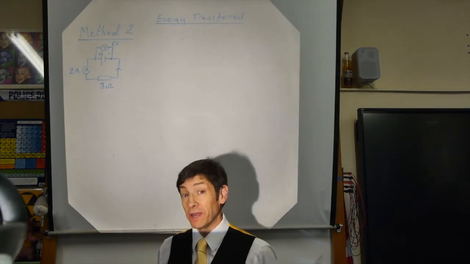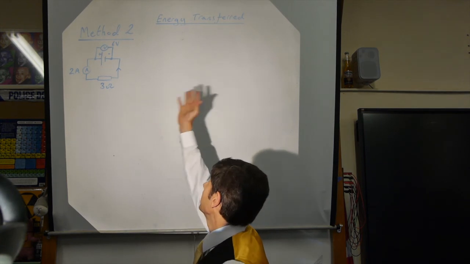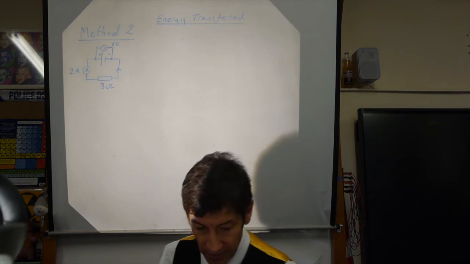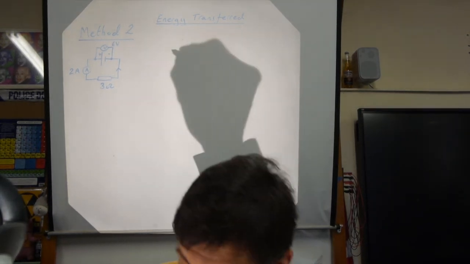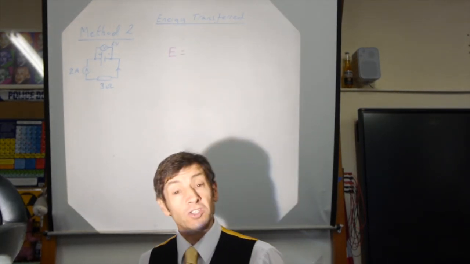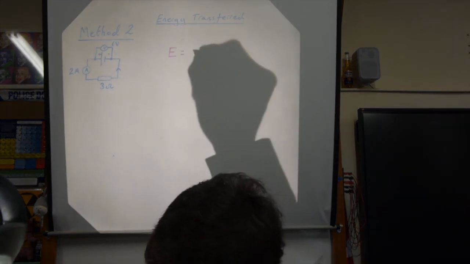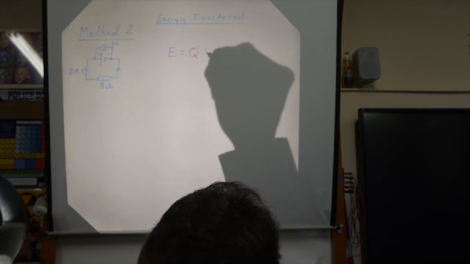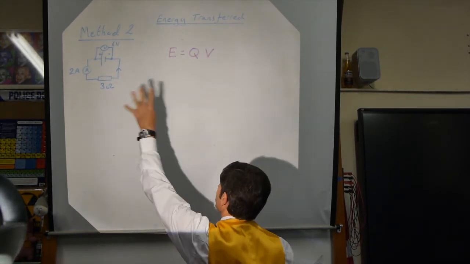So now you'll be pleased to hear the last one, and the second method of calculating how much energy is transferred by an electrical circuit. So what I'm going to do is just write the formula down. Okay, so the formula is the amount of energy transferred is equal to the charge that has flowed in that time, Q, multiplied by the potential difference of the bit you're looking at.